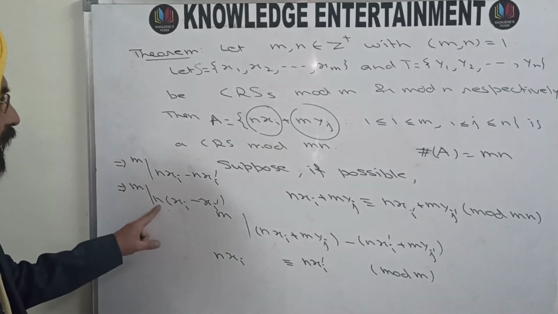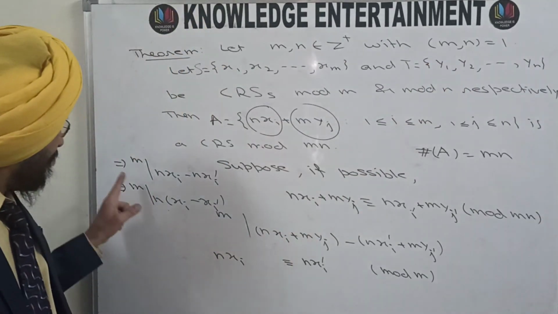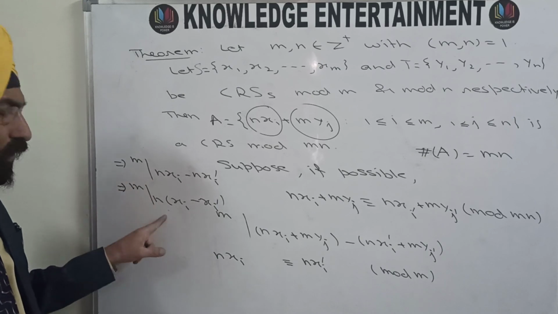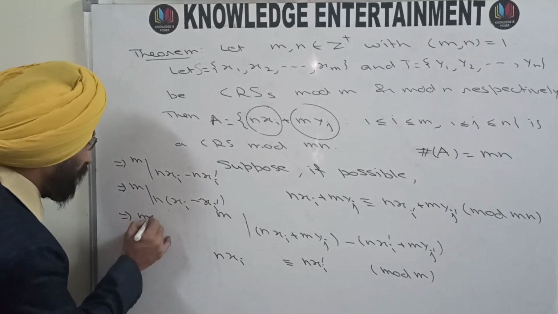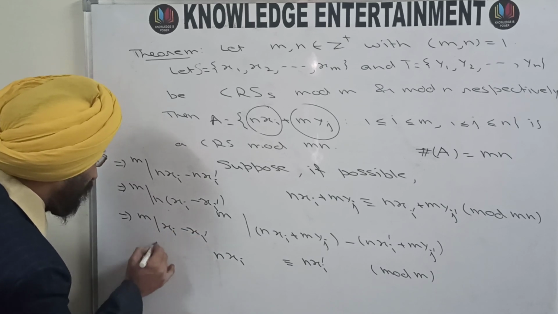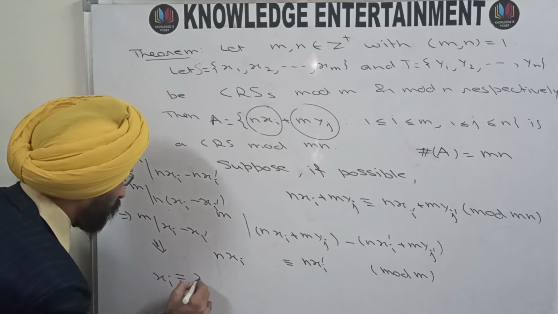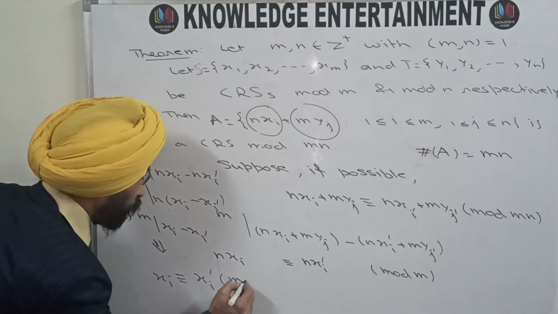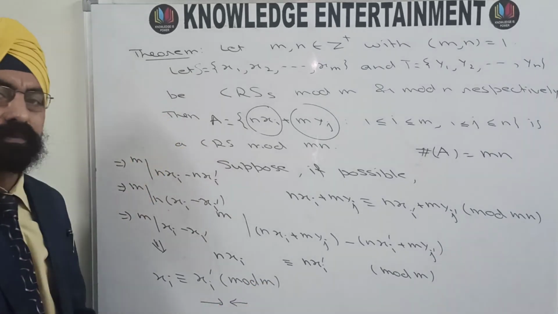But GCD of m and n is 1, given here. Now, if a divides bc and GCD of a and b is 1, then a divides c. So from here you can write m divides xi minus xi dash. And this means xi is congruent to xi dash modulo m, which is a contradiction.